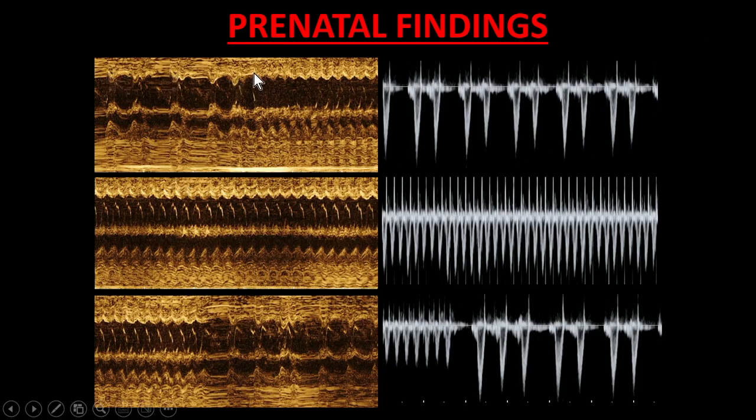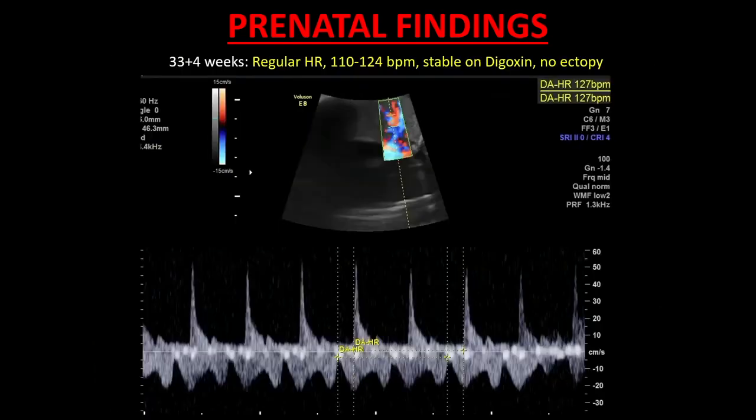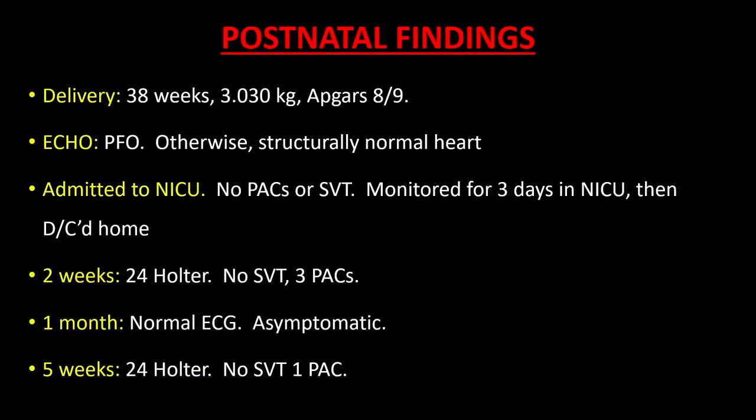So this is the bigeminy, then the tachycardia starts, then an ectopic beat occurs, and it converts again to the abnormal irregular rhythm. The patient was administered digoxin. We achieved a stable heart rate between 110 and 124. The patient was delivered, and we followed that patient very carefully and frequently during the first 3 months. Now the patient is 5 years old, with no arrhythmia ever since.